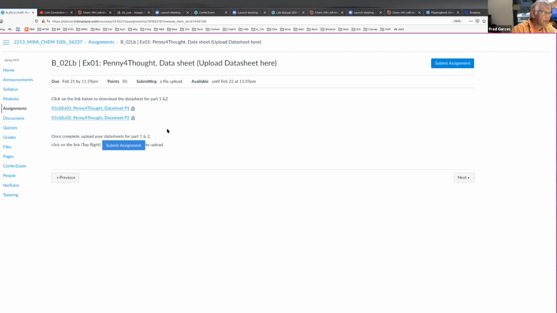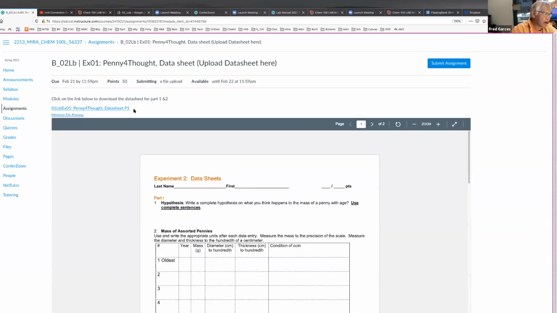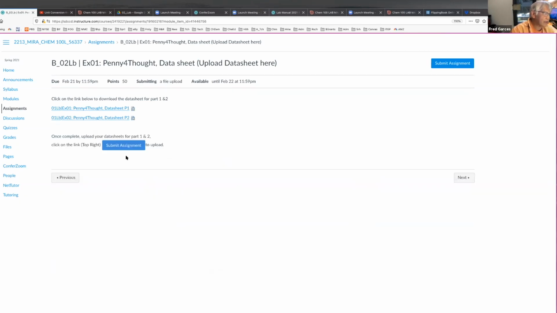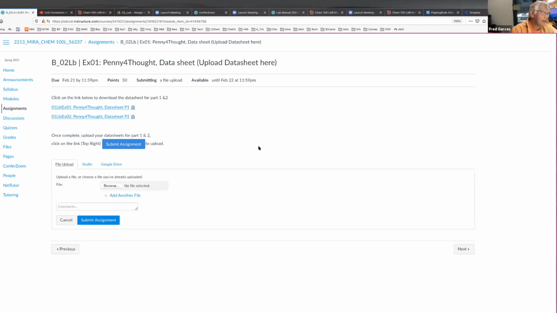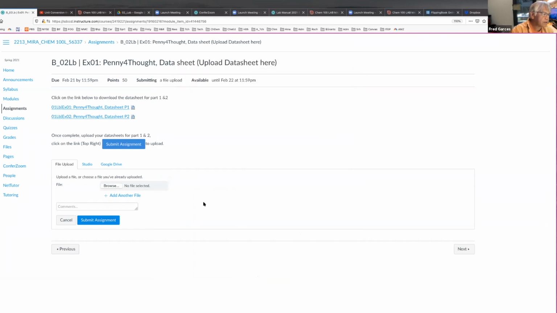These are just the directions for the experiment and the data sheet. You're completing these, so you can download it and then fill it out. But right here under submit, click on that. And then right here is where you would browse for your file and upload it. Depending on how many pages, you can do more than one page for this one, and then submit. That's how you file your report.